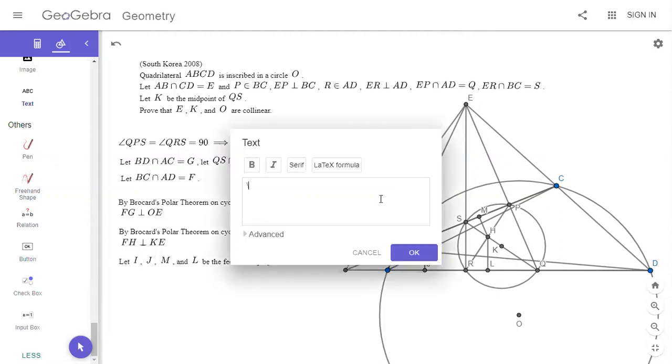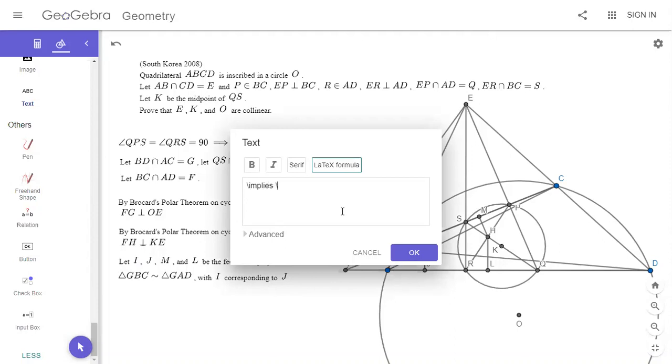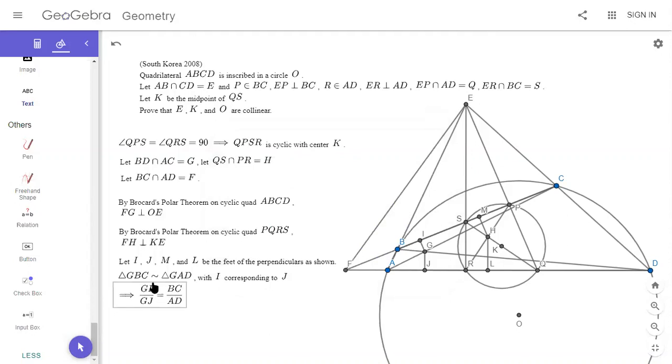So basically, GI over GJ is BC over AD. And then similarly, we have HM over HL is PS over QR.